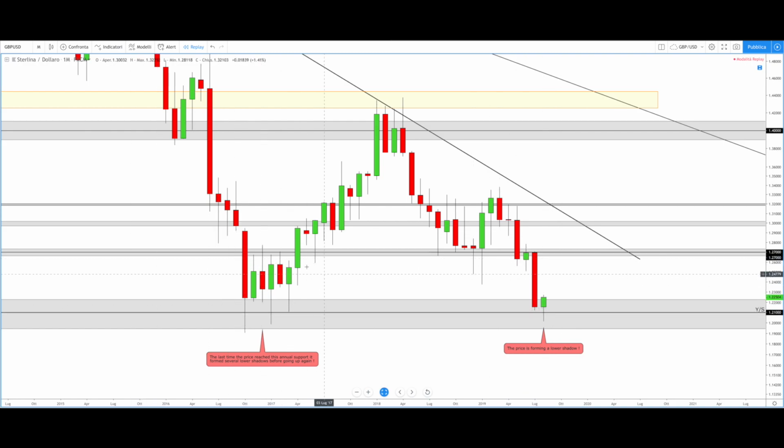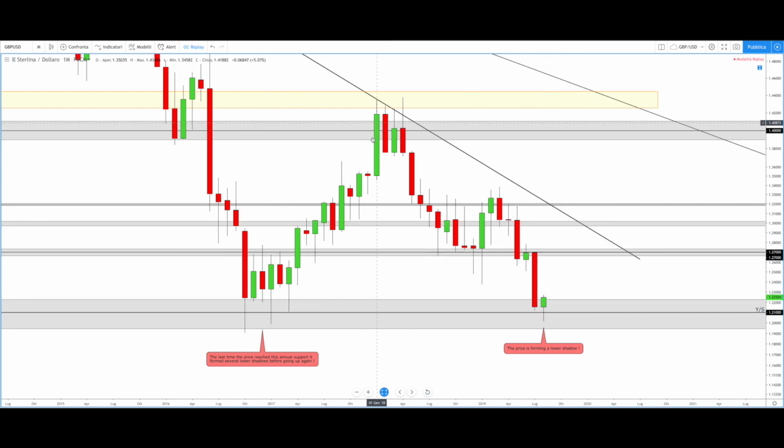The first thing to watch carefully is that at the start of 2017 the price reached this key level, but after many attempts to break this support, the price has always found the strength to start a bullish movement, and here the price has made a clear reaction. For this reason this level is very strong, because the price didn't break this level in the last years, so it is a very good support for this pair.